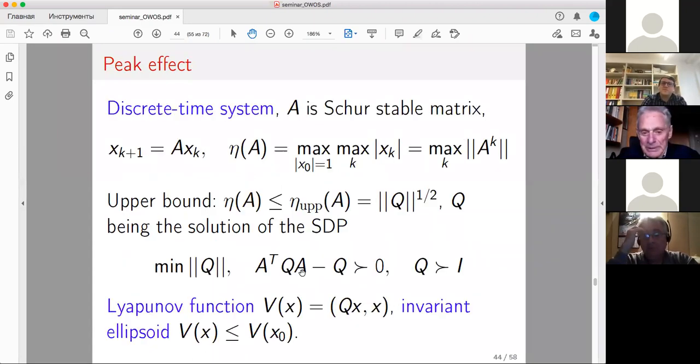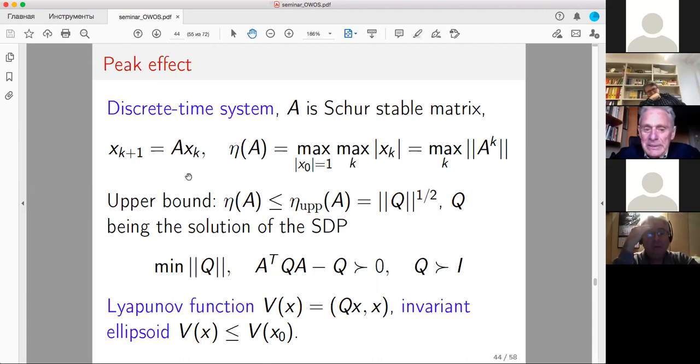Okay, very briefly about it. First, we dealt with continuous time problems. Let's, just for fun, deal with discrete time systems.